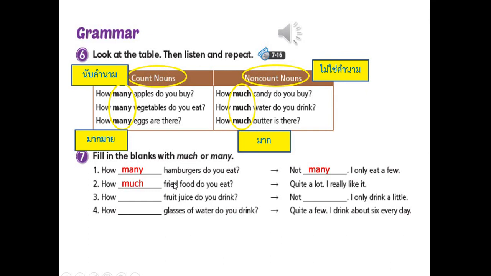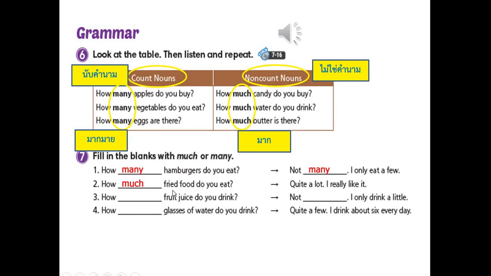Unless it will say how many fried chicken or fried fish. If the food will not be here, and you put another word like chicken or fish, you can say how many.